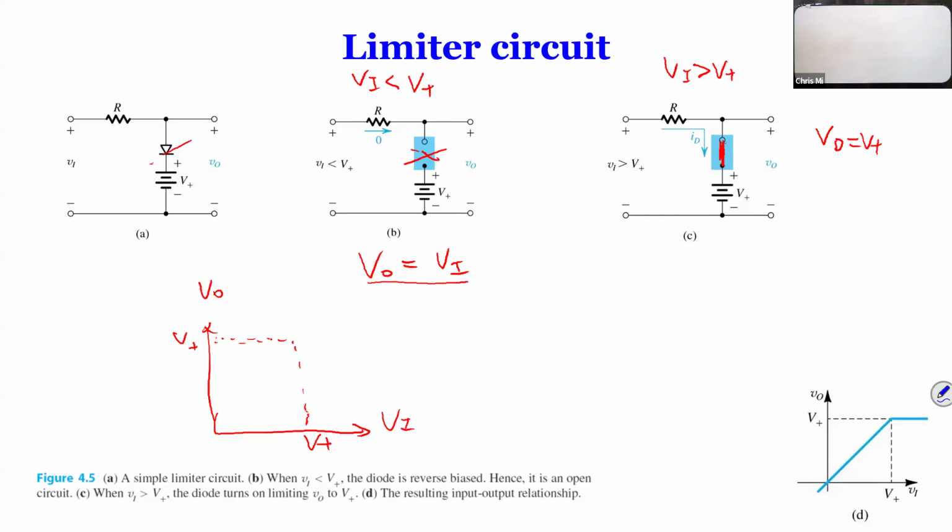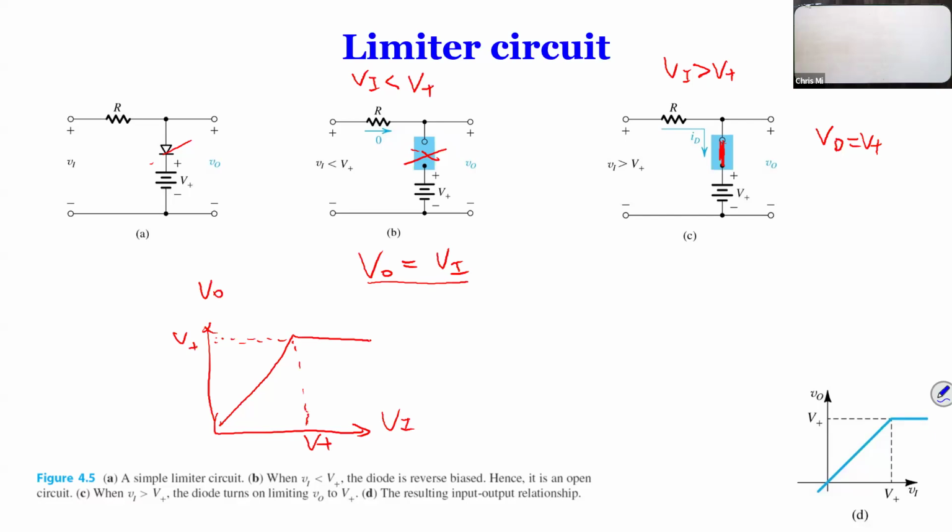If Vi is within this region, VO is equal to Vi, which means it's going to be a 45-degree line. So when Vi is larger than V plus, Vi is in this direction, larger than V plus means it's going to go this way, and our VO is going to be equal to V plus. So this one turns around like this.